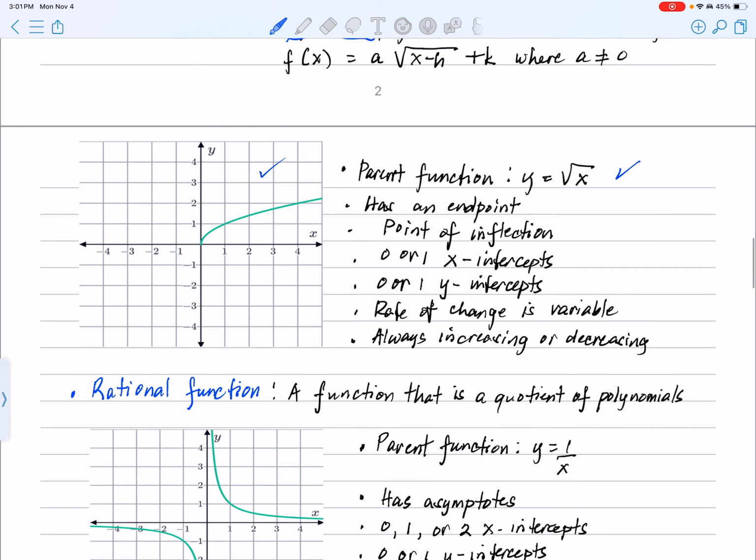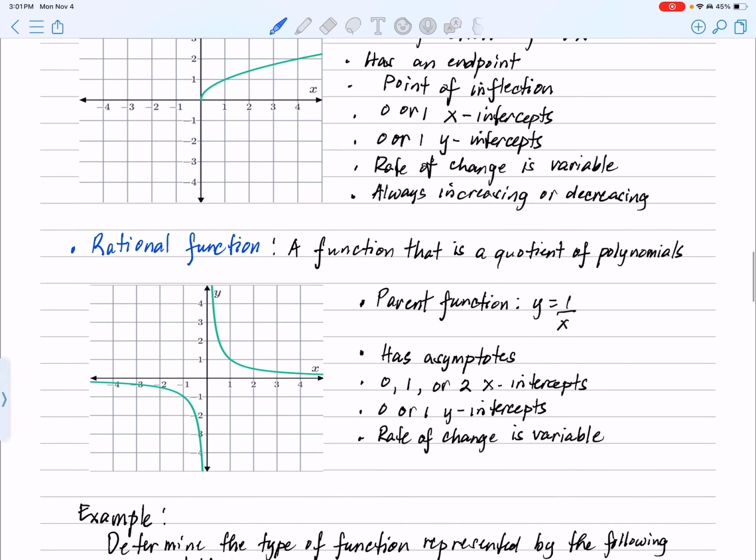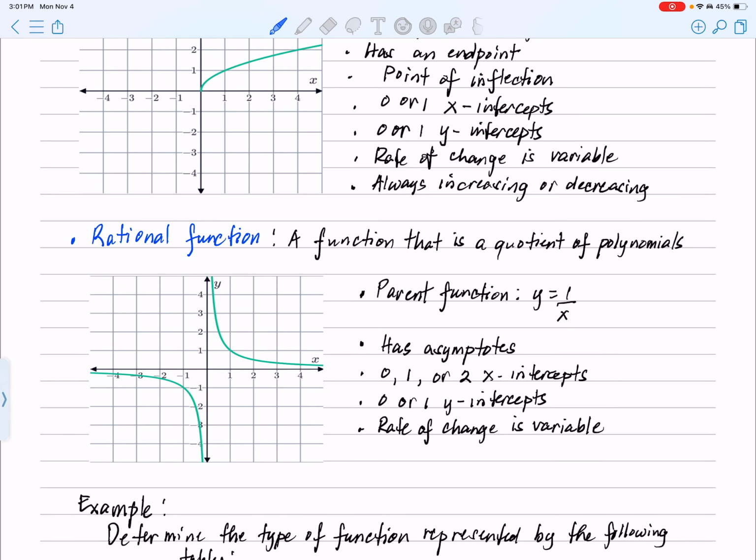As for rational function, it is a function that is a quotient of polynomials. We have gone through rational function in our previous video, and the parent function is y equals 1 over x. It has asymptotes, either vertical, horizontal, or slant asymptotes.